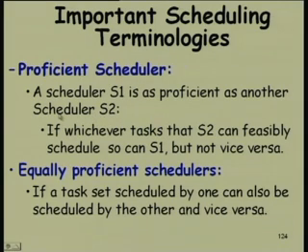If S2 produces a feasible schedule, so also can S1, but there will be some set of tasks for which S1 can feasibly schedule, but S2 cannot. So, that is why we are saying that S1 is more proficient than S2. Equally proficient, we will also use this term, means that for whatever task situation, if S1 can produce a feasible schedule, so can S2, and also vice versa.